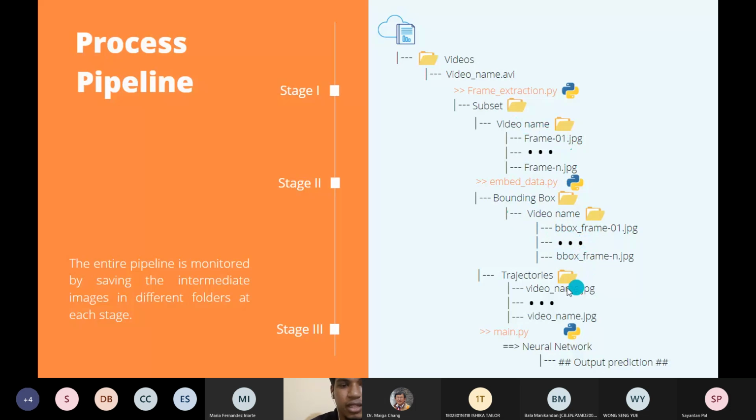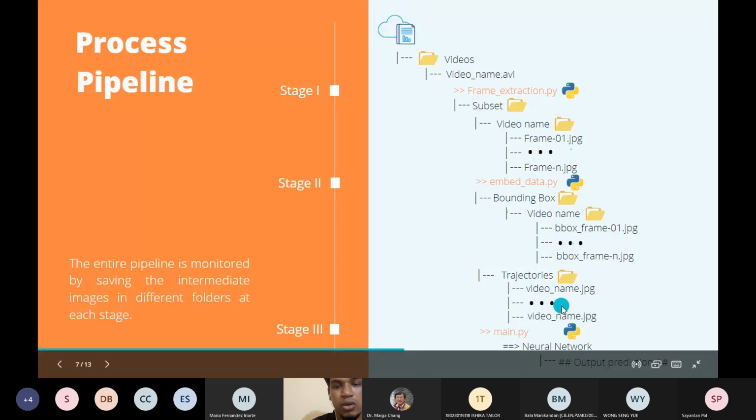After that it also creates the trajectories folder. Once the bounding box folder has 50 images, for each frame the bounding box is calculated and plotted just for moderation purposes. Then in the trajectories folder it stores the actual movement trace of the subject.